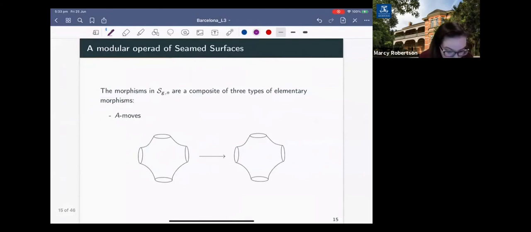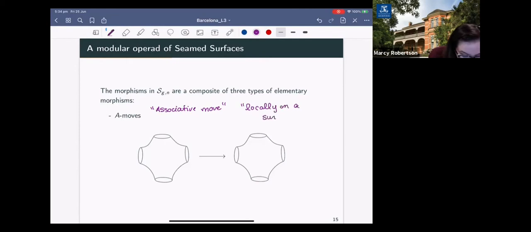The second one is a really nice one, which is called A moves. This stands for associative move. And it happens locally on a surface of genus 0 of type 0,4, meaning that I could have a big surface, and if I'm looking at a Pants decomposition of it, I'm going to zero in on a particular piece of the Pants decomposition, which is of this shape.